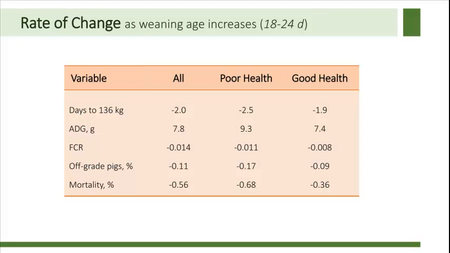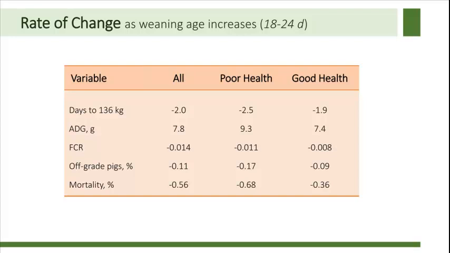So the rate of change, what happens, how weaning age impacted our system, and this is just a summary of what we presented. Here is just showing the impact or the advantage of weaning pigs 1 day older, from 18 to 24 days.